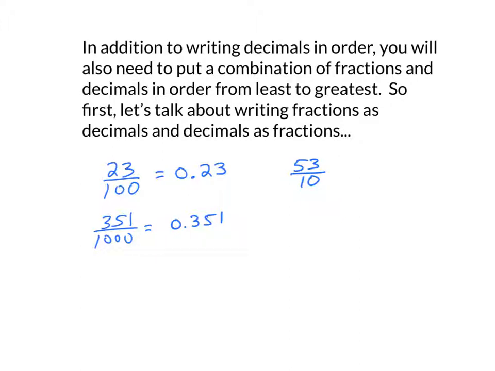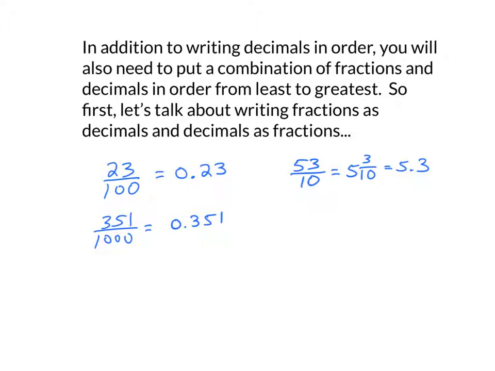I'm not going to go through all the work right now of doing it, but I am going to write it as a mixed number. 53 tenths would be 5 3/10 if you did the division. 5 3/10 would just be 5.3. So even if you have an improper fraction, you can write it as a decimal.